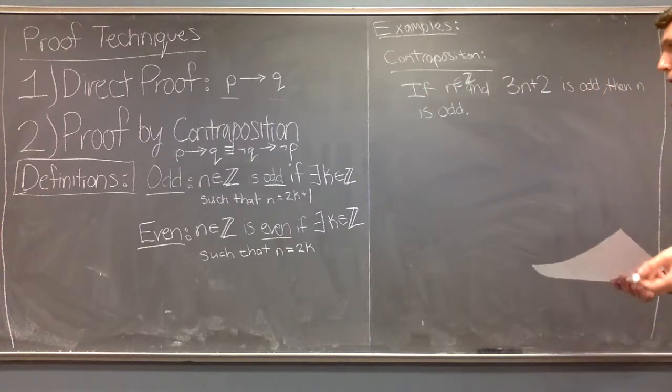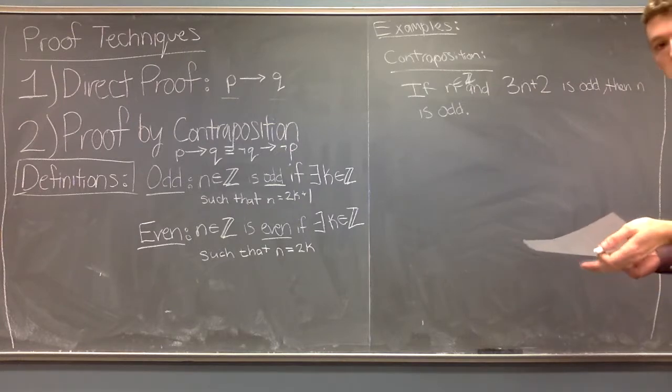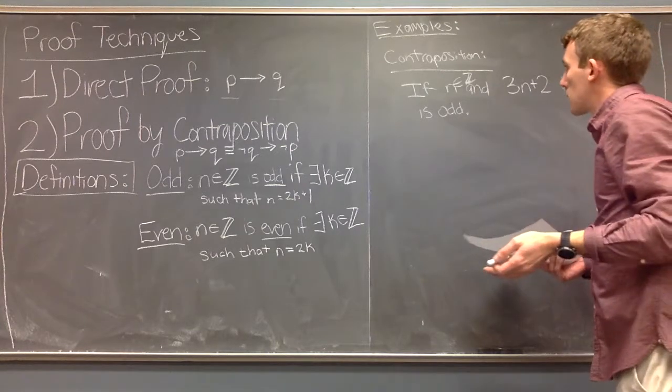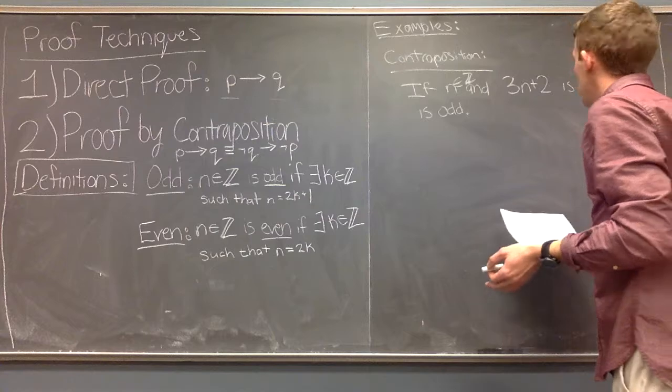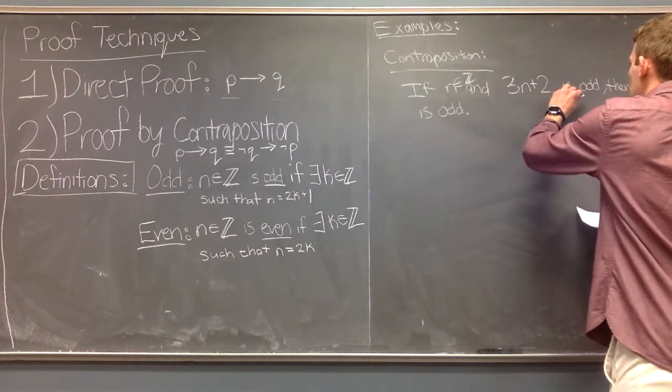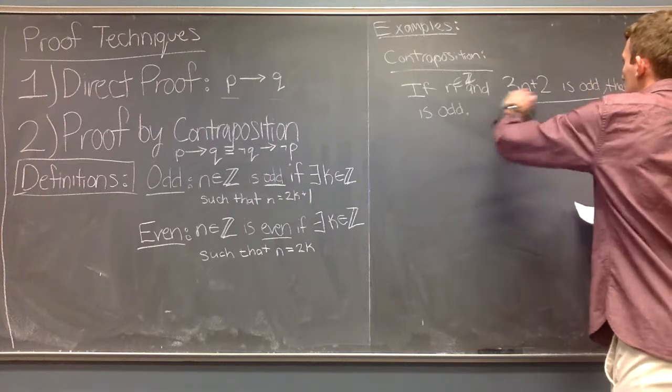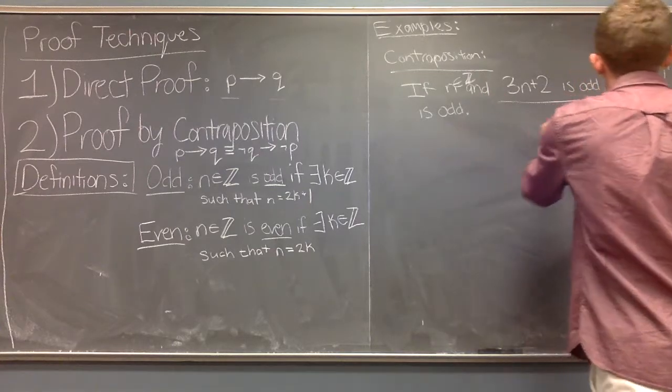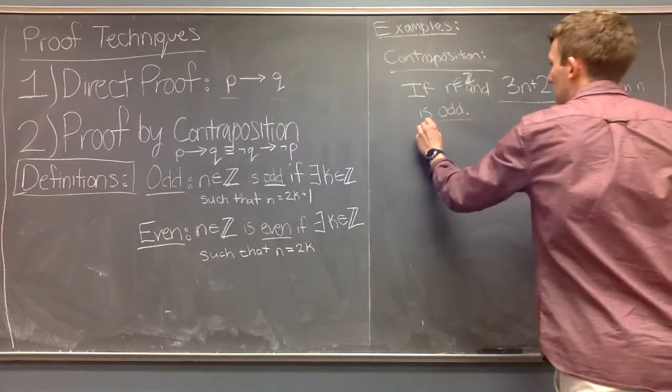So there are definitely a few ways we could go about this. You might have to do a little bit of trial and error to see what might work and what might not, but I'm going to try contraposition. So in this conditional statement, we know that P is 3n plus 2 is odd, and Q is n is odd.